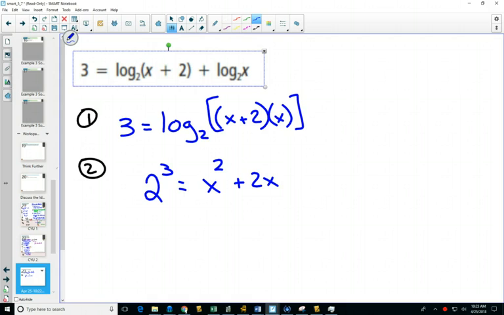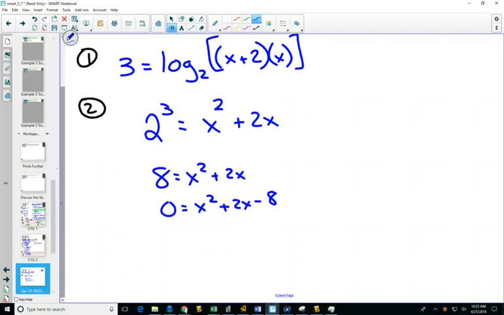What kind of equation is this? Well, this would be 8 equals x squared plus 2x. It's quadratic. How do we solve quadratics? Move things over, make it equal to 0. So we're now solving for x using all of our skills from the past.